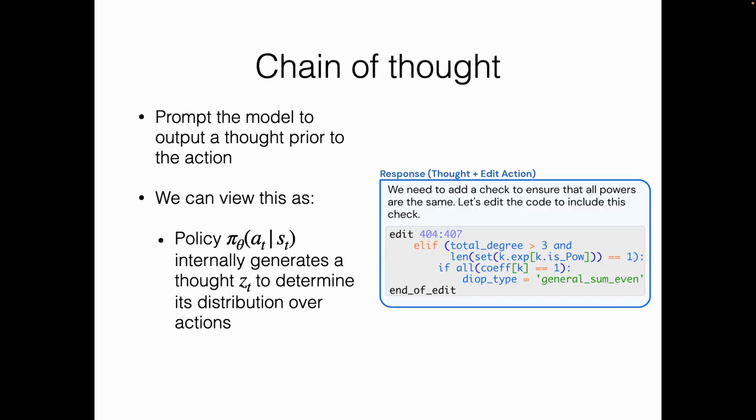You could view this in a couple different ways. You could say that internally, this policy is generating some thought, and then it's still just producing a distribution over actions.